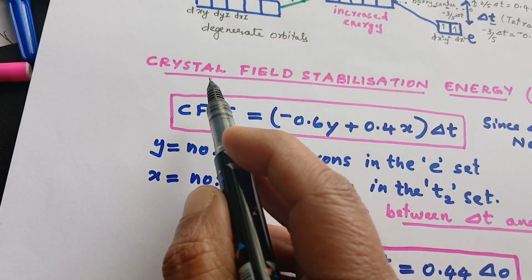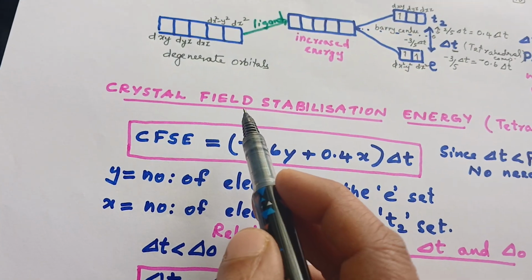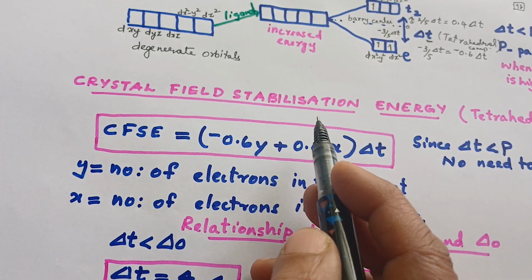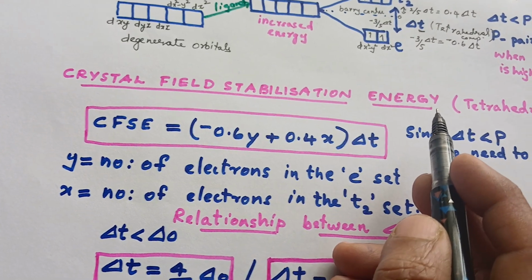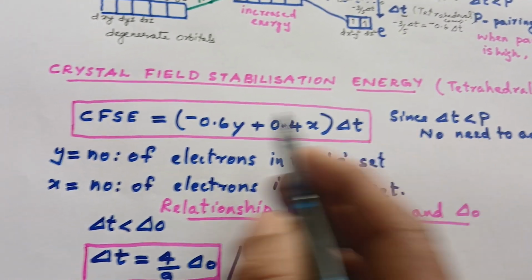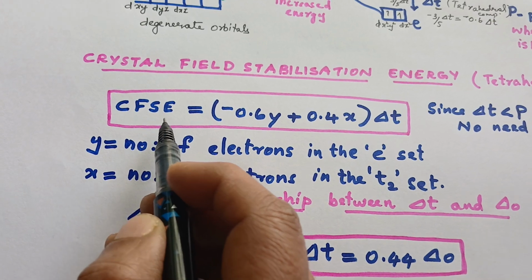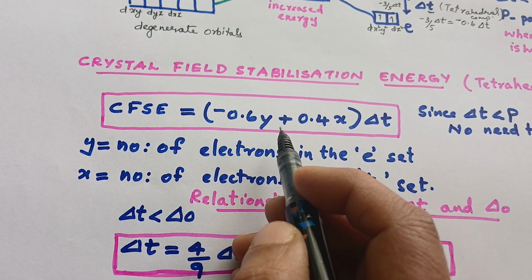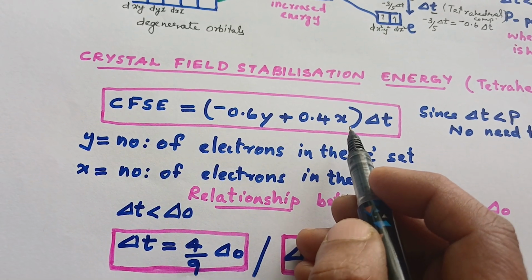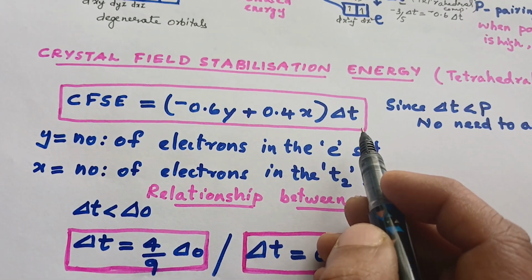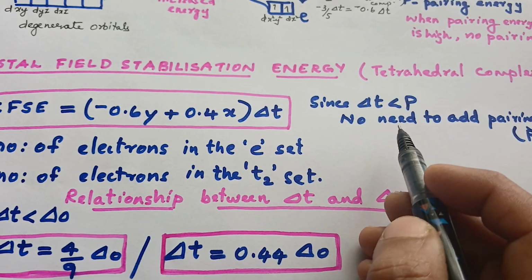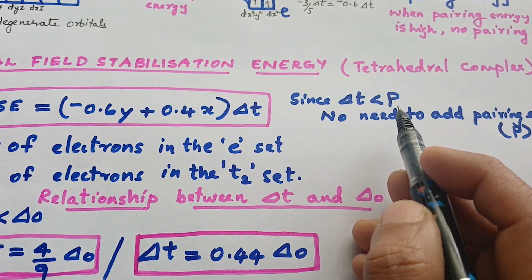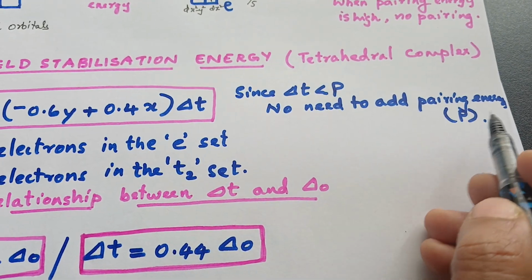Now let us look at the formula for the calculation of crystal field stabilization energy for a tetrahedral complex. CFSE equals minus 0.6y plus 0.4x, the whole into delta T. Since delta T is less than P, no need to add pairing energy.